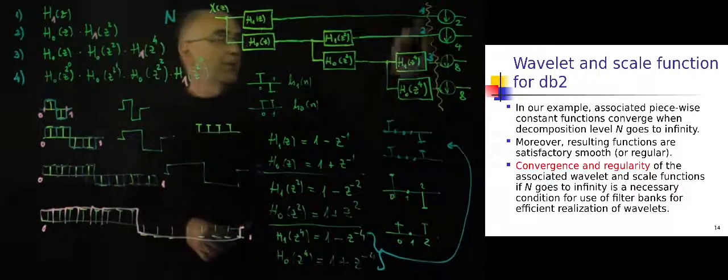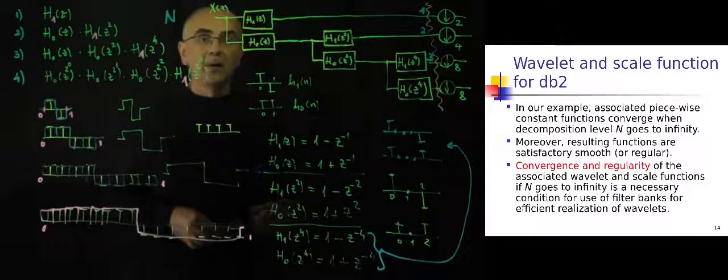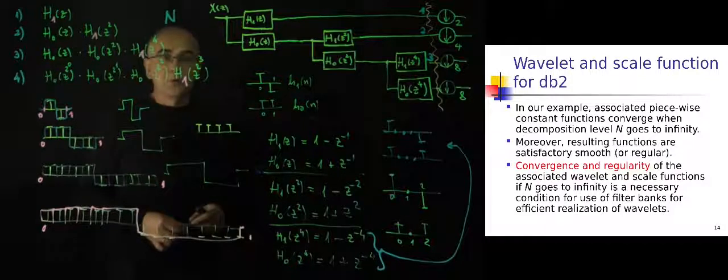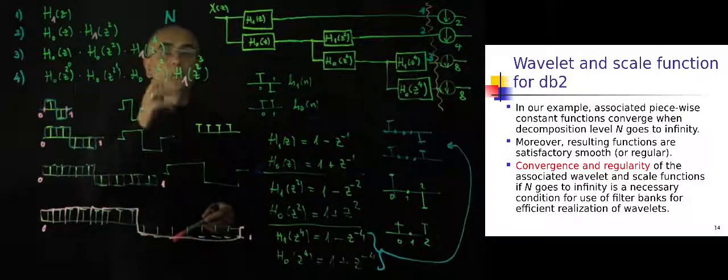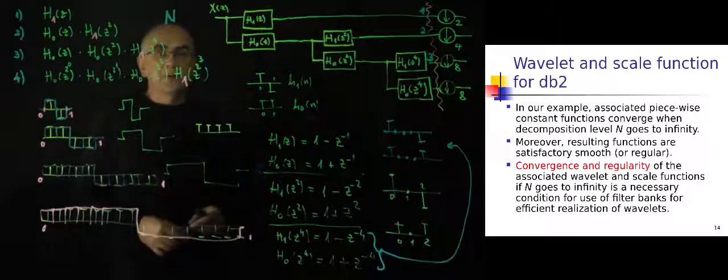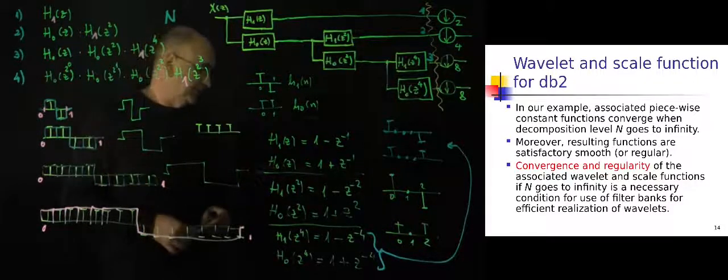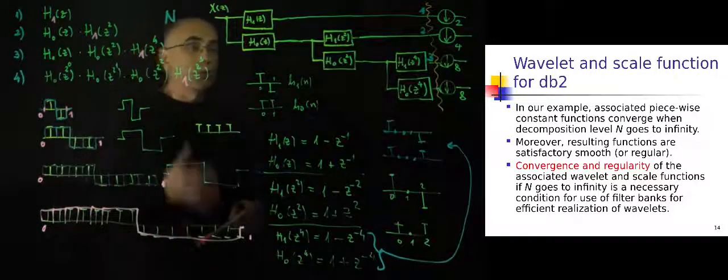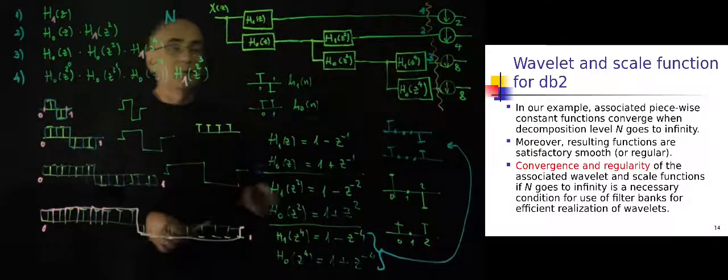So in the transform domain, we will have some desired result, which is useful for compression, for storage, for feature extraction, or some other application. So: convergence and regularity of associated wavelet and scale functions.